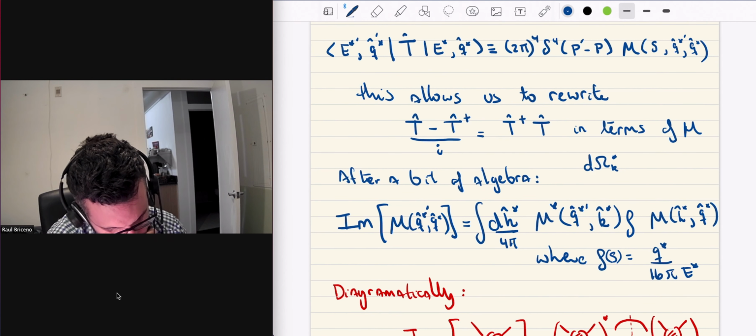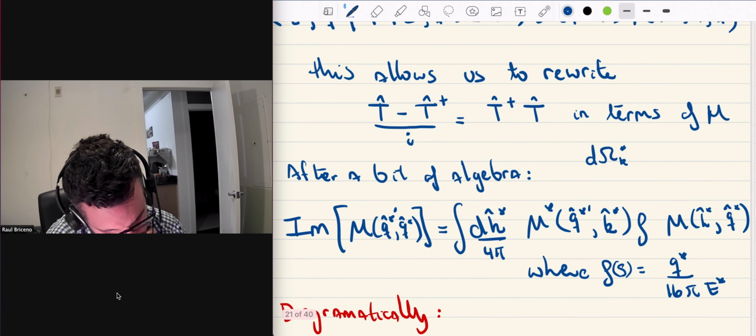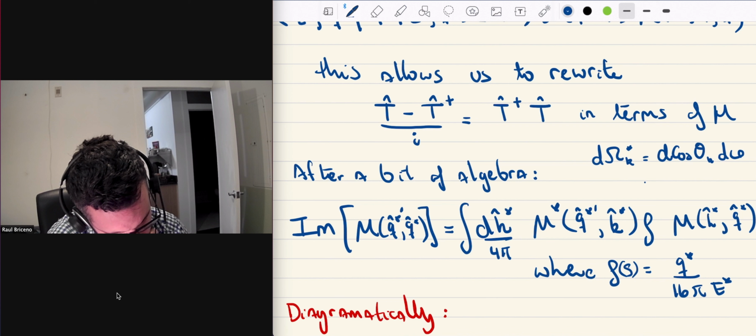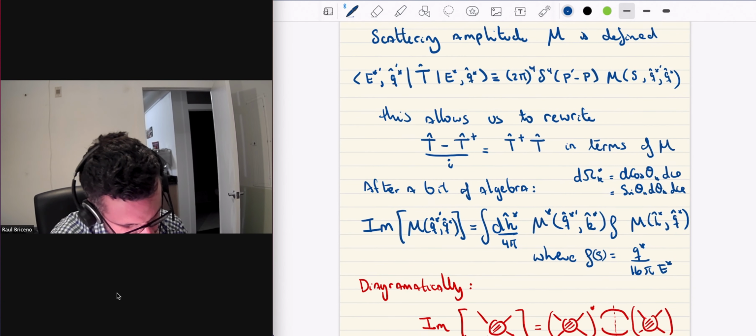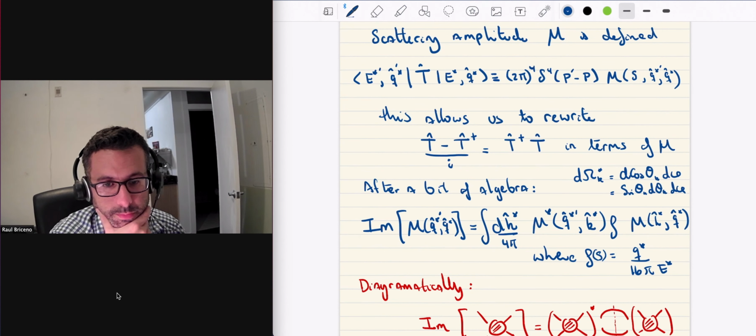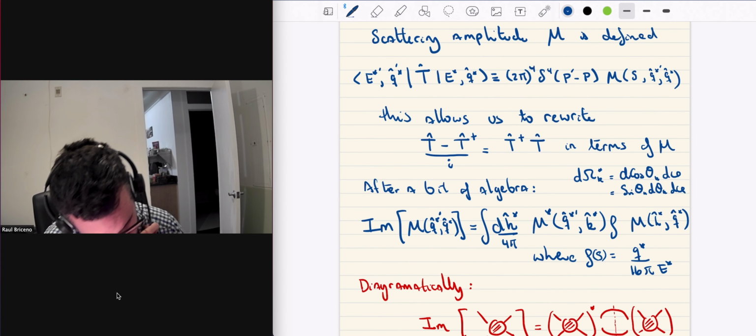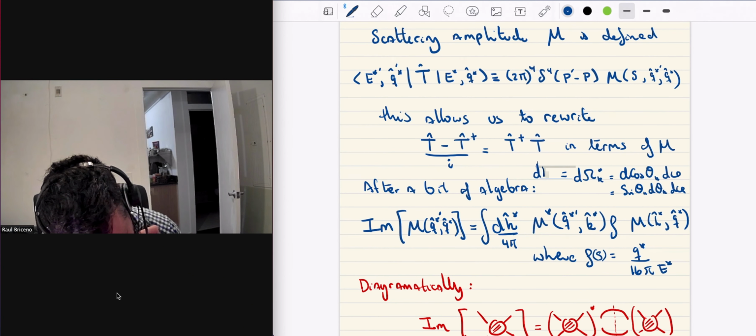Okay, so that's what that little d hat means. So that means d cosine theta k d phi, which is typically denoted as sine theta k d theta k d phi. Okay, so this is a three-dimensional spherical integral. Okay, so this is what I mean by dk hat star.